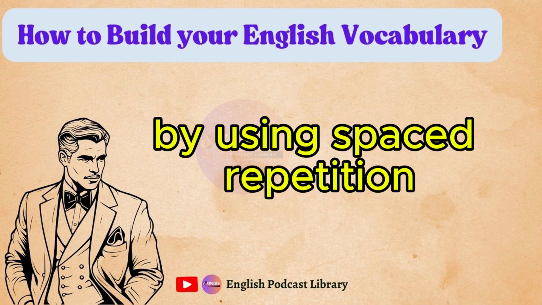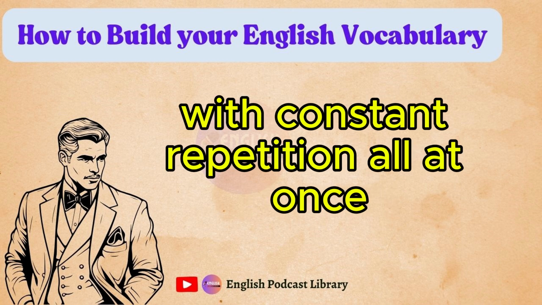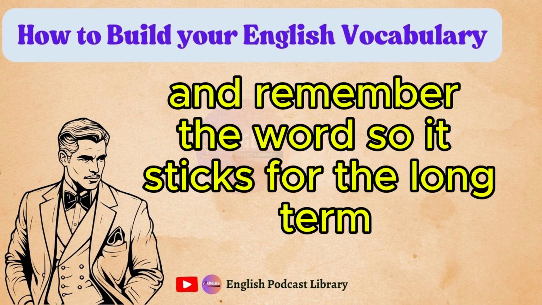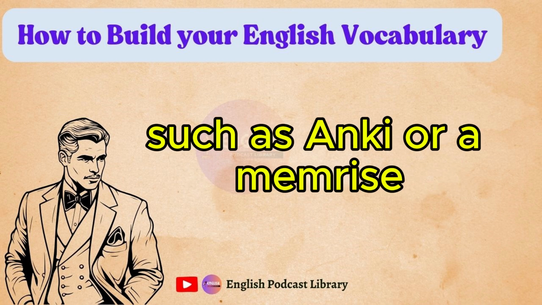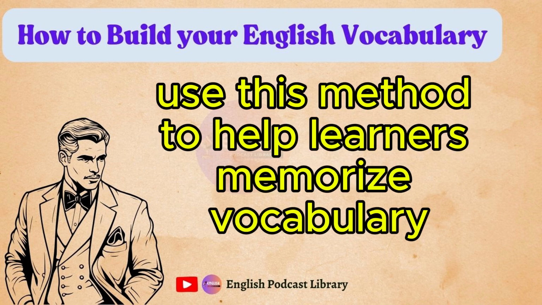By using spaced repetition, you're not overwhelming yourself with constant repetition all at once. Instead, you're giving your brain the perfect amount of time to process and remember the word, so it sticks for the long term.